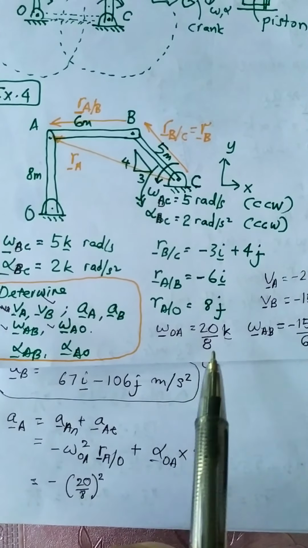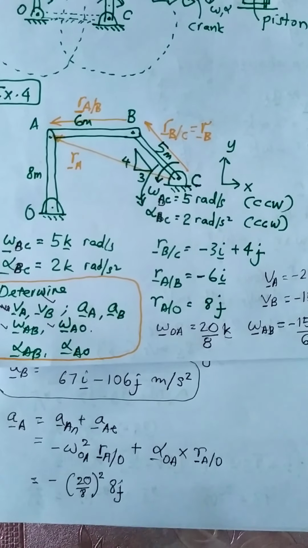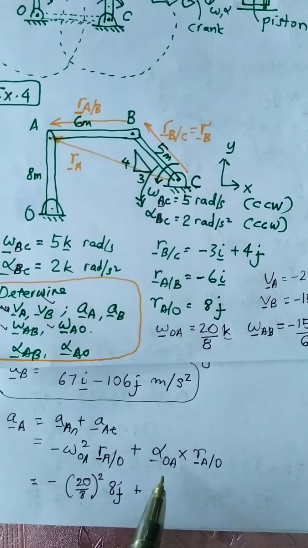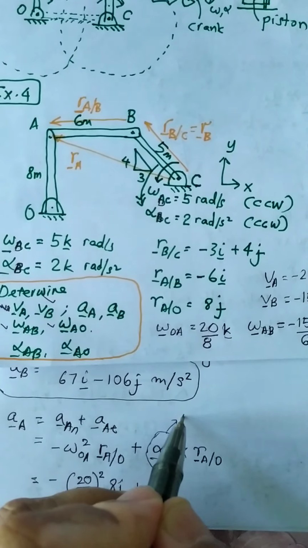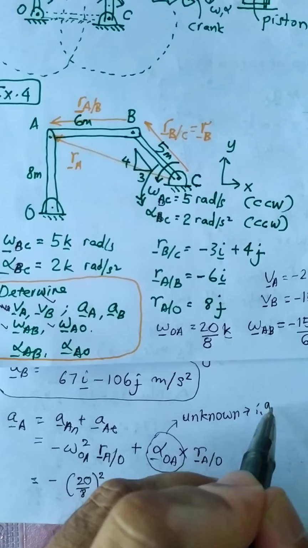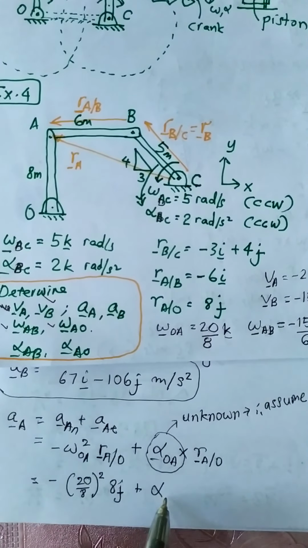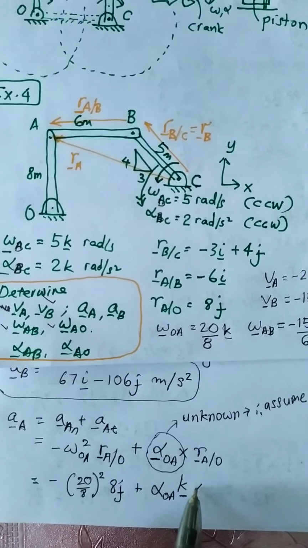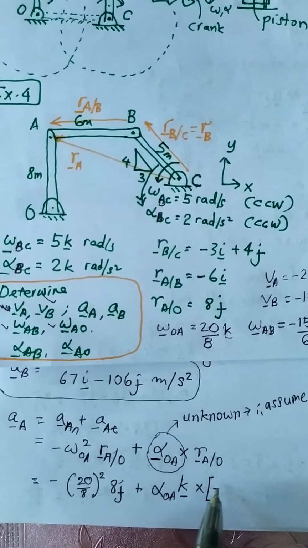And the position vector A relative to O is 8j. And then we have alpha OA. Since we do not know what alpha OA is, it is unknown, so we have to assume. We assume that the vector is alpha OA k cross the position vector, which is again minus 3i plus 4j.